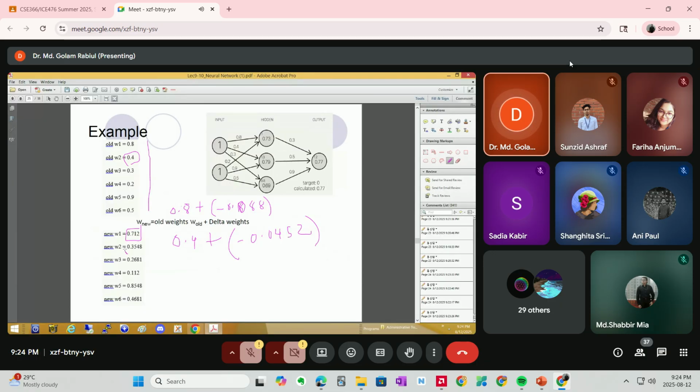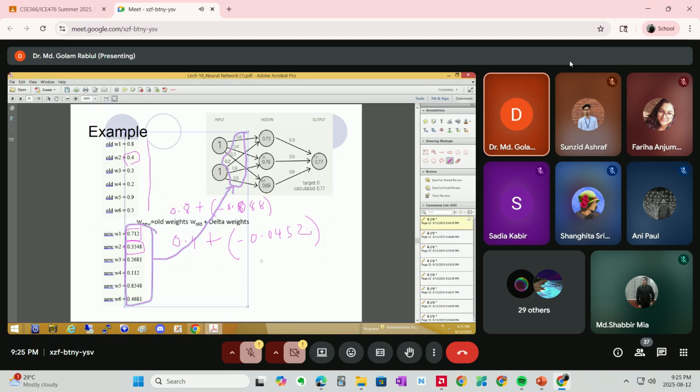Then we will get the new value. This is how we find the new values of W1, W2, up to W6. Instead of the previous values, we have to utilize these new values in our next iteration.